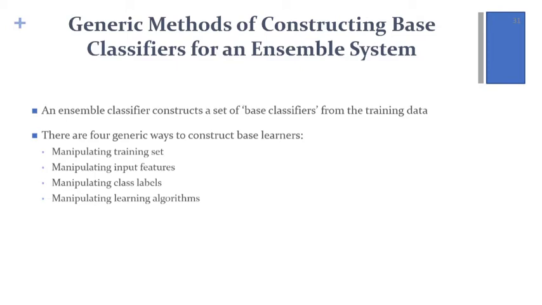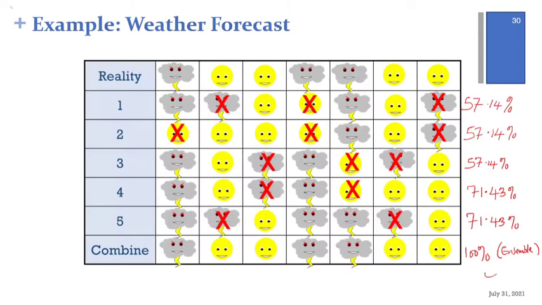I would like to, again, use this particular illustration for us. We discussed this earlier. See, this is an ensemble. In this kind of ensemble, we have the reality of the system, and then we have individual predictive models that have been built.